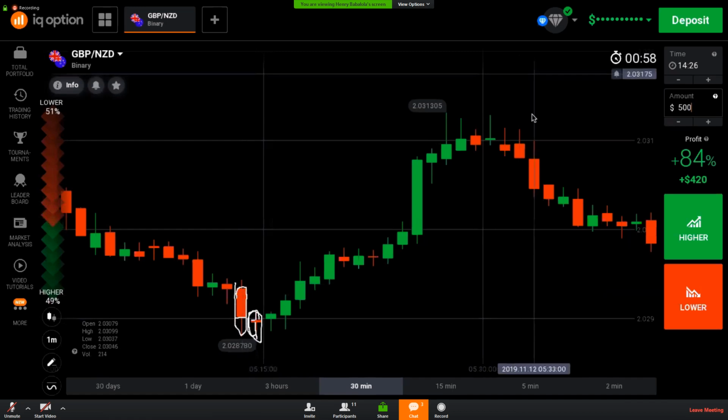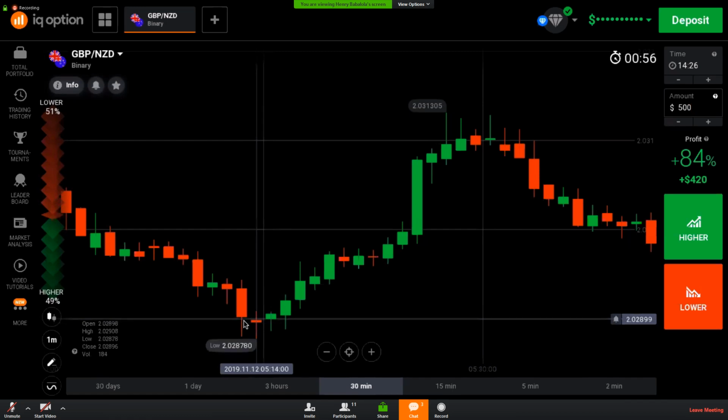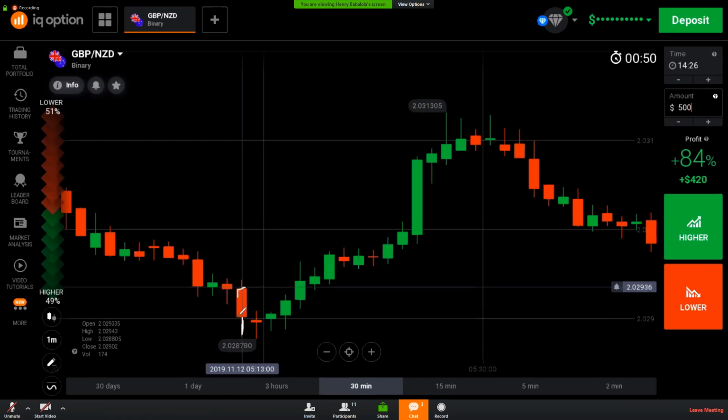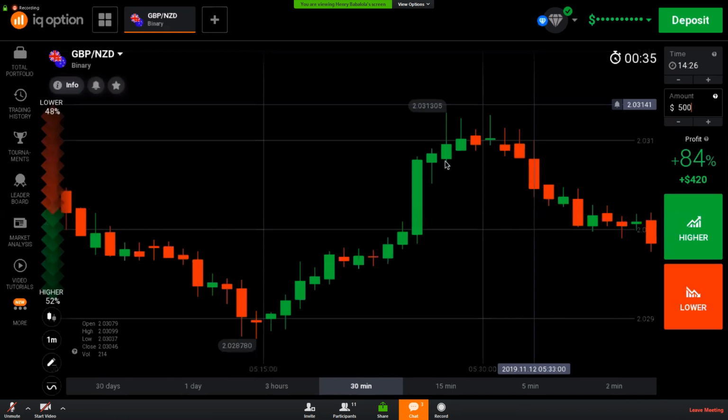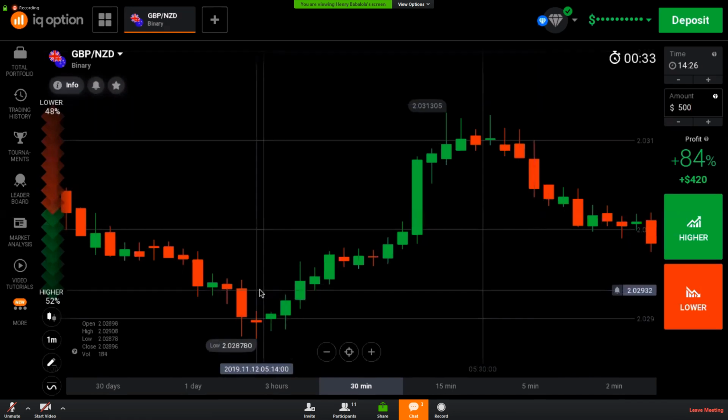Now, let me show you one of the things to do. When you compare, always compare the wick of the candle to the body. It will give you an idea of what is happening. Now, this body is bigger than this wick, meaning that the sellers are strong. Did you get what I just said to you? Very important information. Always try to compare the body with the rejection.